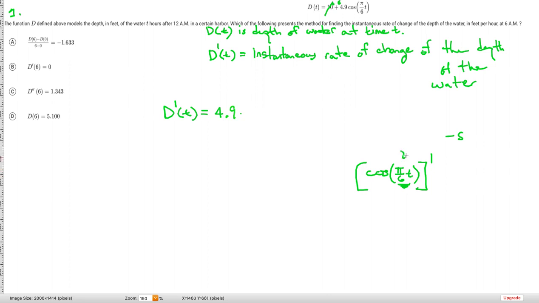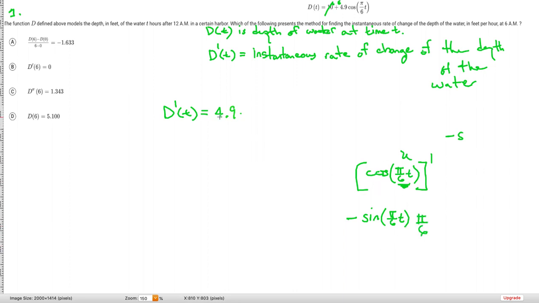Think of it like u, right? The derivative of cosine u is negative sine u. In this case, u is pi over 6 times t, and then times the derivative of the inside. The derivative of pi over 6 times t is just pi over 6. And that's the derivative of this.